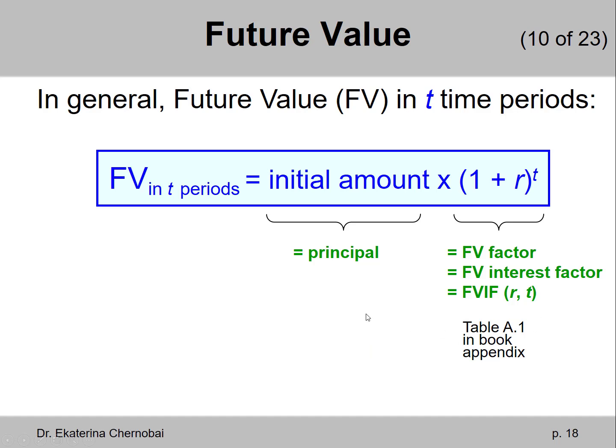And rows go from 1 to 2, 3, and so on, all the way, I believe, to 20, which indicate the number of time periods. So you can look up that table, find your combination of R and T, and that will give you the future value factor. The table will show you what the future value factor is. And then you can just plug it into the future value formula.